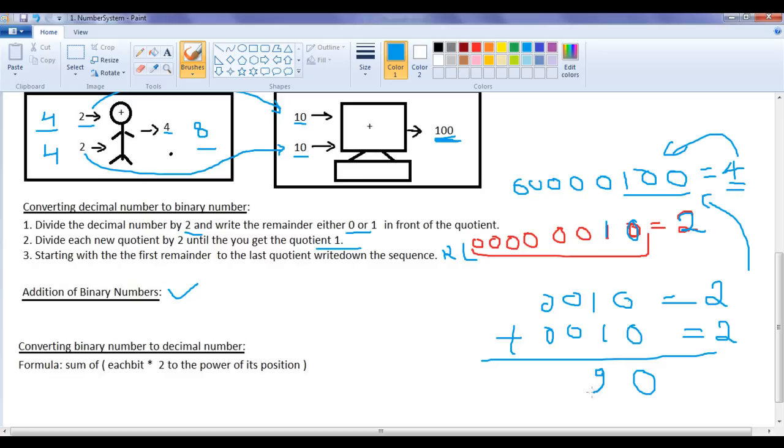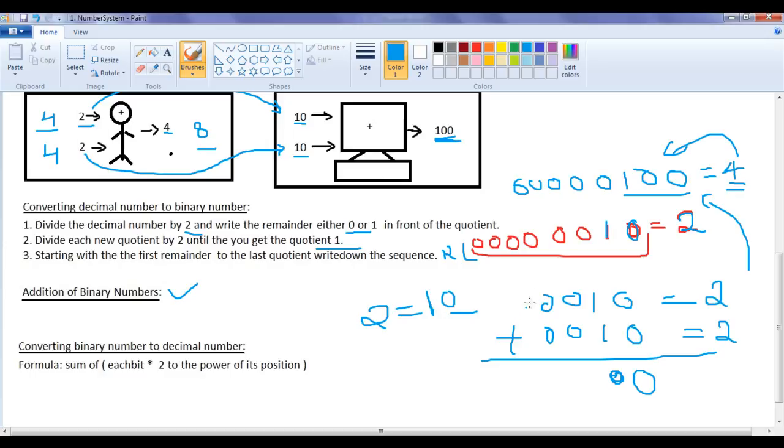It is 2. I cannot write 2 here because in the binary number system we have only 1 and 0. So first thing, we are going to take the binary equivalent of 2, that is 1 0. What we do is, we remove this 2, we write 0 here, or the computer writes 0 here, you can think like that.